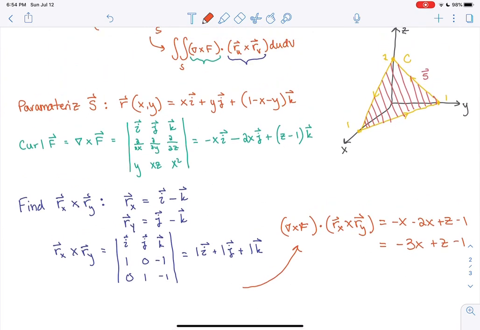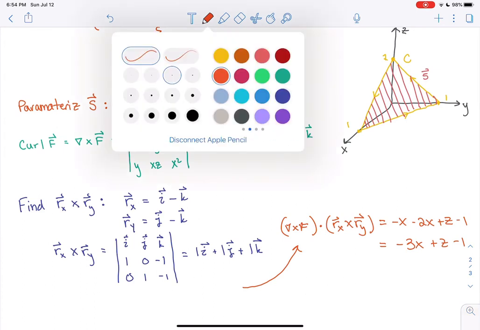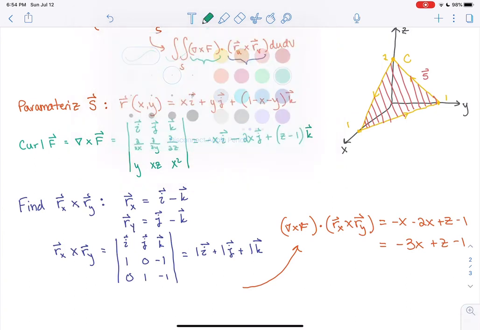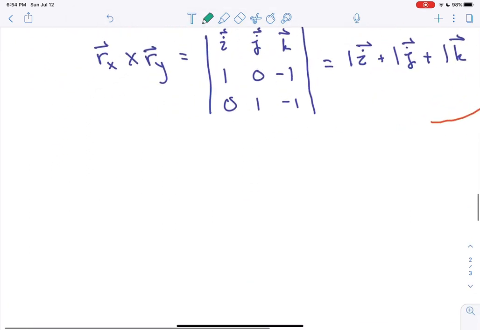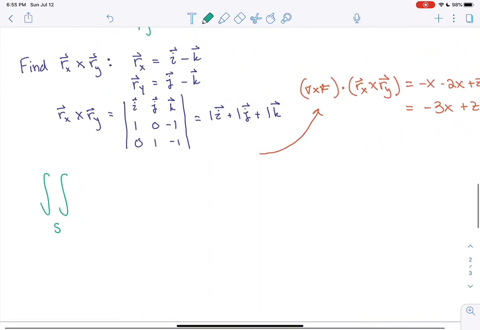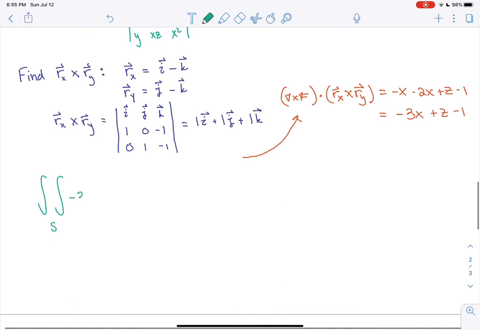So let's start actually writing our surface integral put together. So in this case, we'll now put our surface integral here over a surface where the integrand is minus 3x plus z minus 1 dy dx.